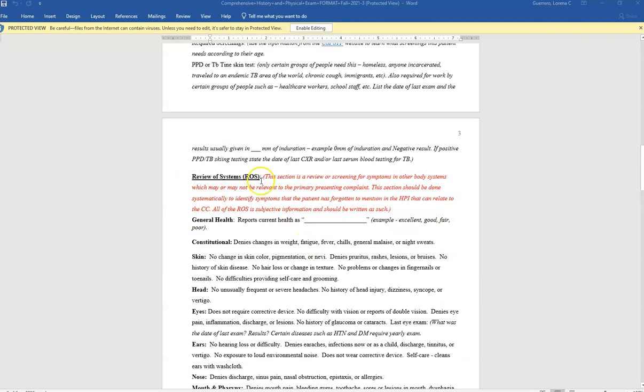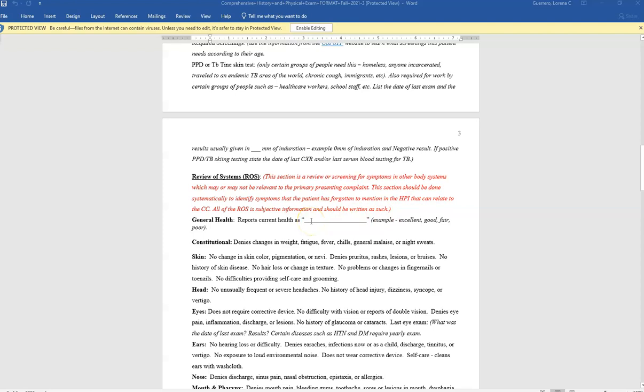Let me see what else. Review of systems. Just know this, that's in red, please. I'm going to have you read that, but it is a head-to-toe systematic review for things that the patient may not even know relate to whatever's bringing them into the hospital, or it is a way to double check to make sure that there's nothing else going on with the patient that we need to let the provider know.